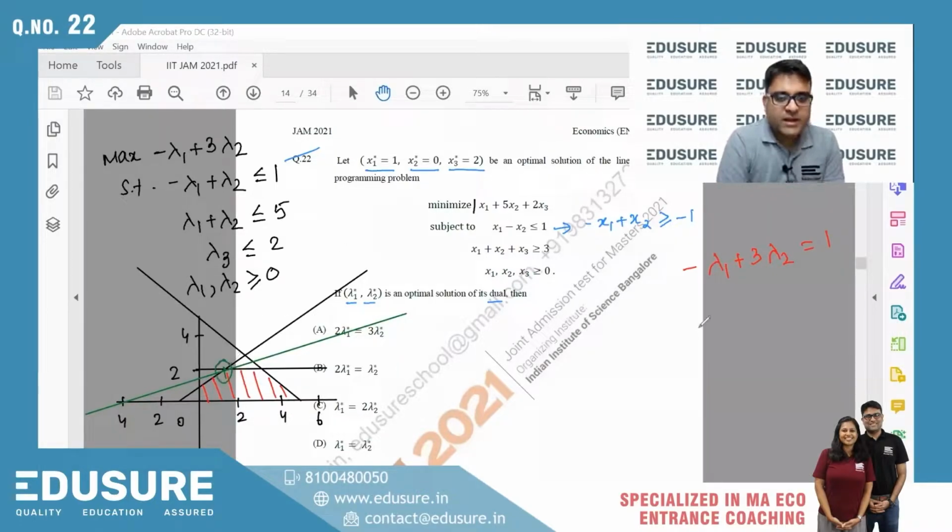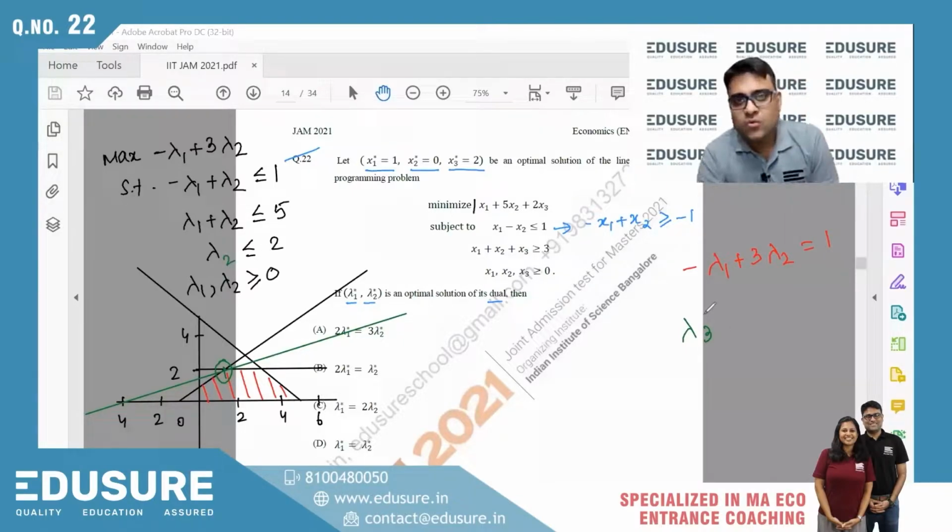What is this point? This point is basically lambda, sorry, I wrote lambda 3, this should be lambda 2. Lambda 2 is equal to 2. Put lambda 2 is equal to 2 in this. So minus lambda 1 plus 2 is equal to 1.